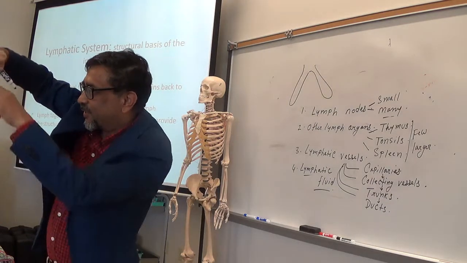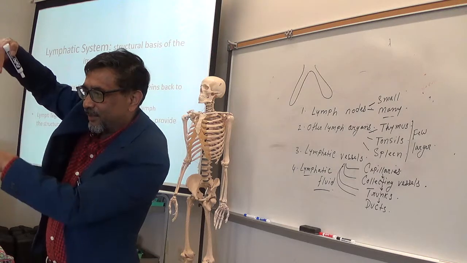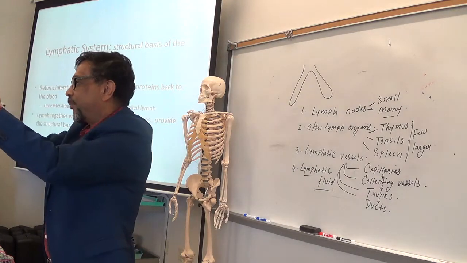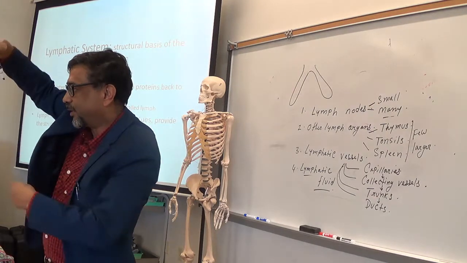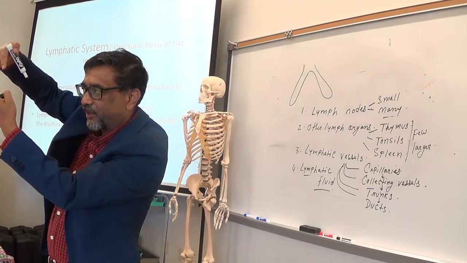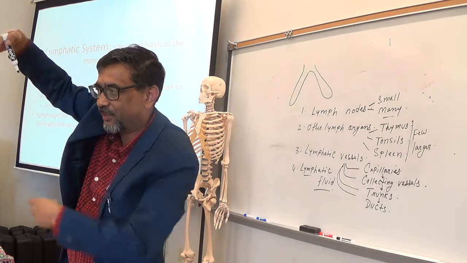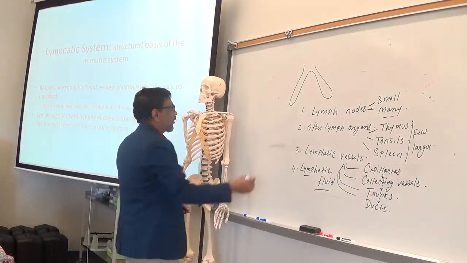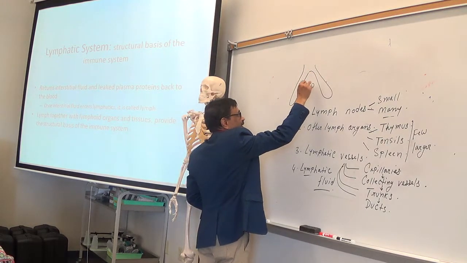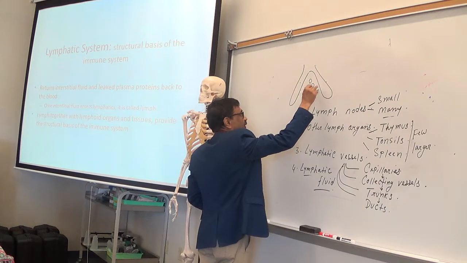Capillaries end like this, separately, and blind ended. They are not connected like blood capillaries. They are blind ended or dead ended, so not connected to other capillaries. So these are lymphatic capillaries, and these are the cells in the tissue.